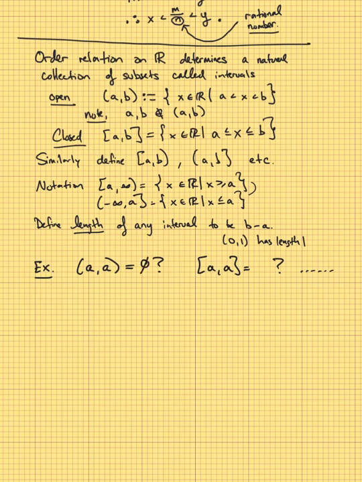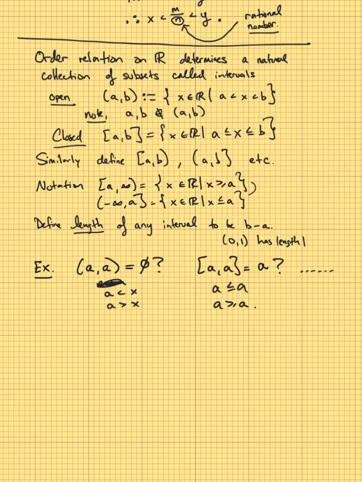By trichotomy, you can't have a being greater than x and a being less than x, because that would imply that x minus a is both positive and negative. On the other hand, the closed interval is just the element a, because a is less than or equal to a, so this is satisfied.